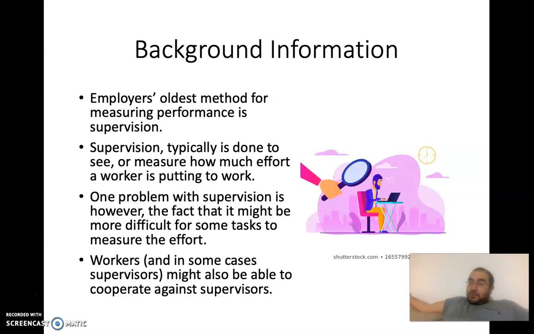So take a person working on a computer, having Excel open and trying to do some work. One person might be putting in a lot of effort, another less effort, even if their production speed is the same.